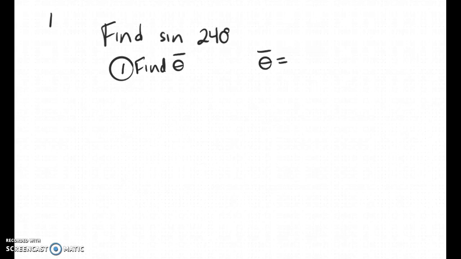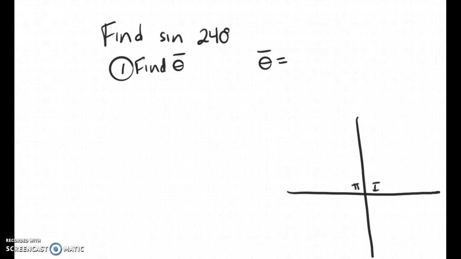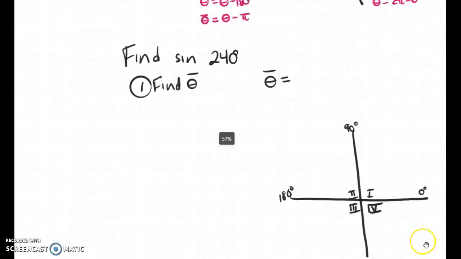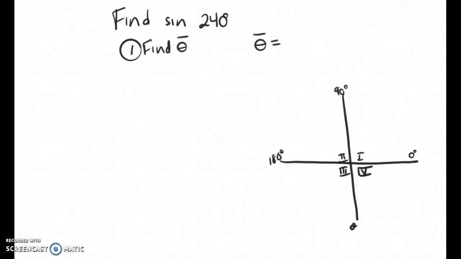So for 240, where does that fall? If I take a look at my quadrants, this is 0 degrees, this is 90 degrees, this is 180, this is 270, and the last here is 360.